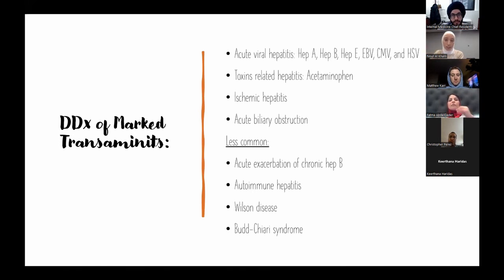If the obstruction is resolved, you can have normal LFTs in a few days, like 2 to 5 days, which is much faster than ischemic, and viral hepatitis usually would take weeks. And less common causes would be acute exacerbation of chronic Hep B, autoimmune hepatitis, Wilson, and Budd-Chiari.